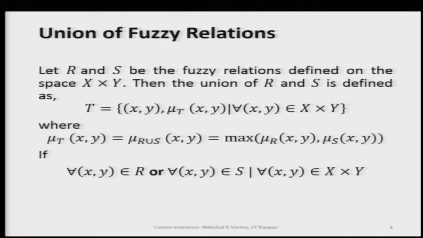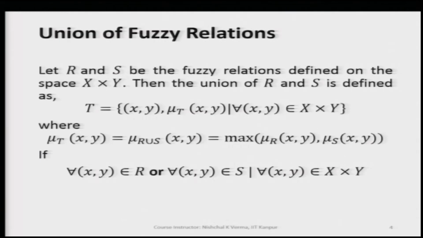Now, let us discuss the union of fuzzy relations. As we have seen earlier, there is a difference between crisp and fuzzy relations. The difference is that a fuzzy relation is finally a fuzzy set, so the fuzzy relation set will have its corresponding membership values.